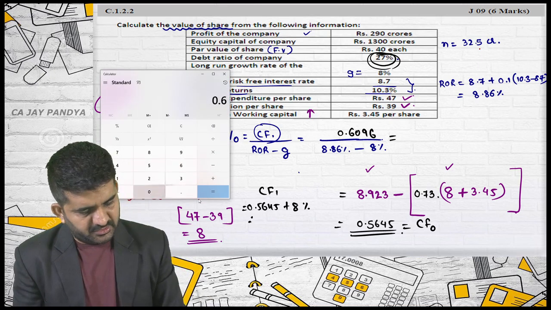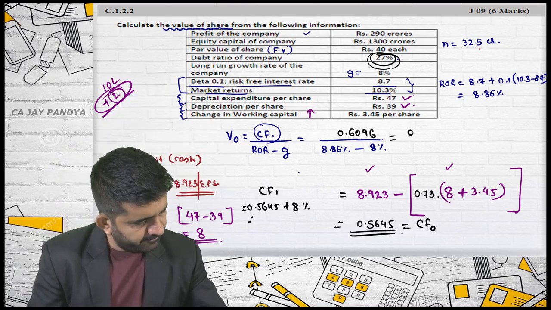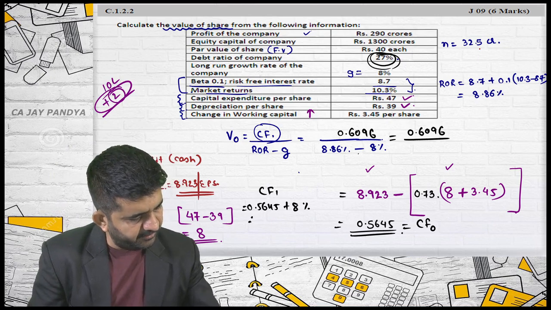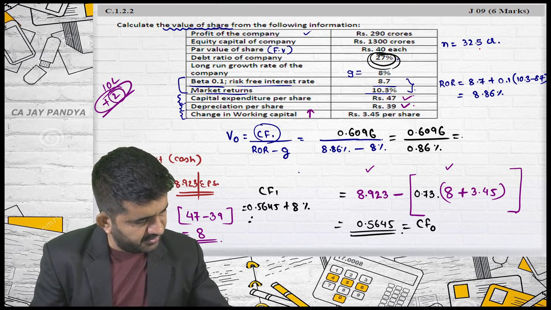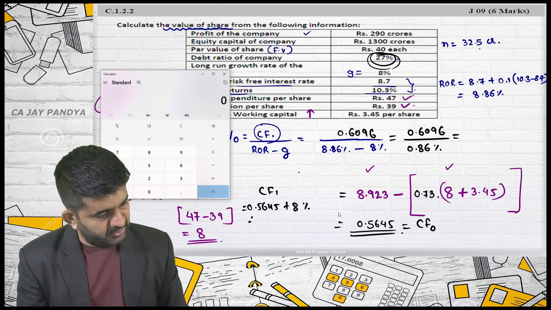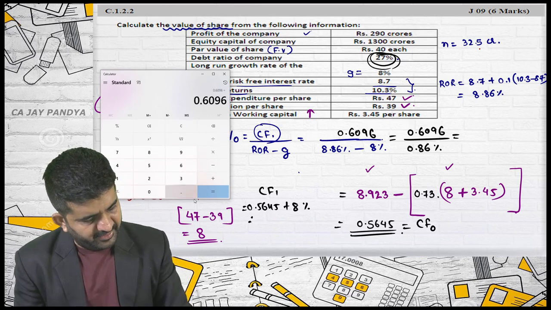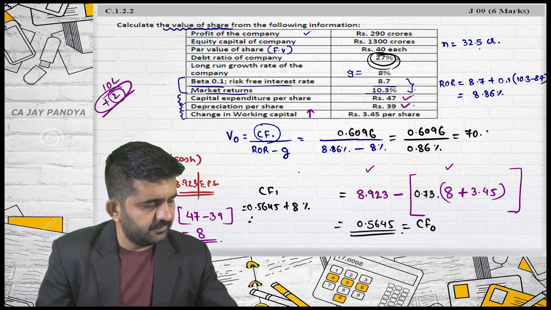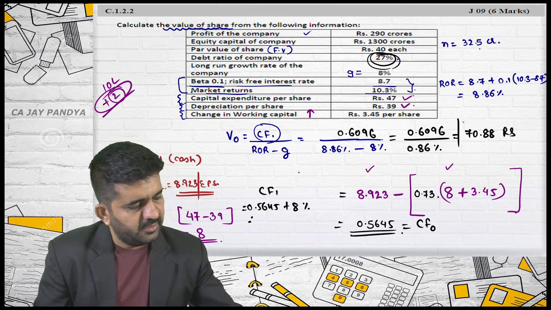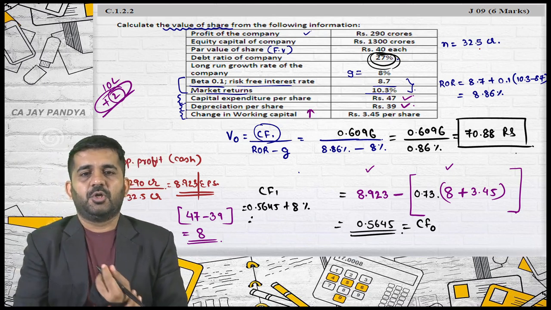It is 0.6096 divided by, let me write it down properly, 0.86 percent. So this will be 0.6096 divided by 0.0086. It is 70.88, which is nothing but my answer for the value of the share of this particular company.